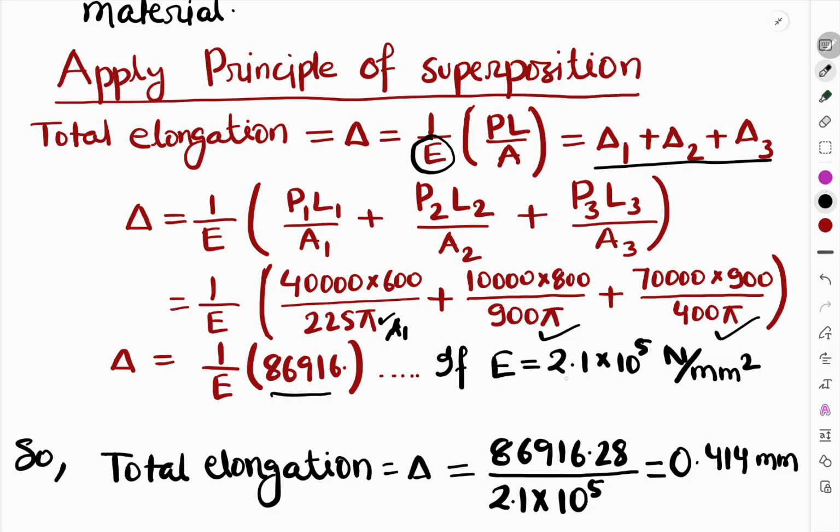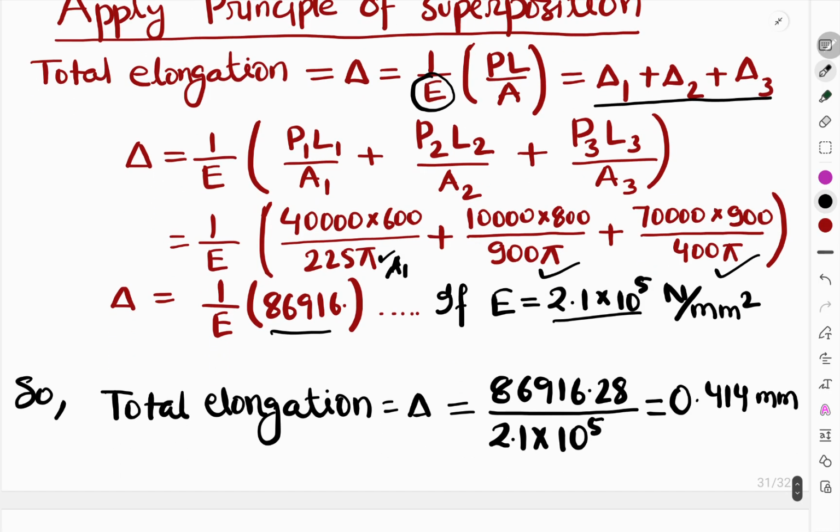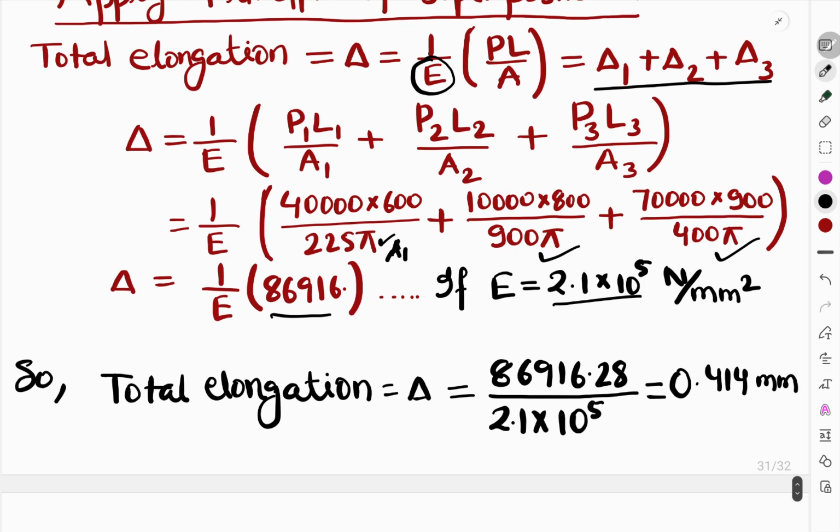If E is equal to 2.1 into 10 to the power 5 Newton per mm square, suppose this is mild steel, so this value will be nearly 2.1 into 10 to the power 5. For the sake of easiness, we will generally take 2 into 10 to the power 5 Newton per mm square. So what is the elongation?